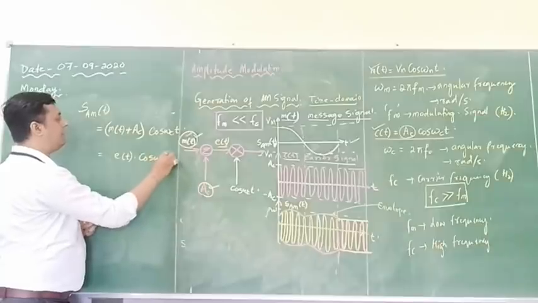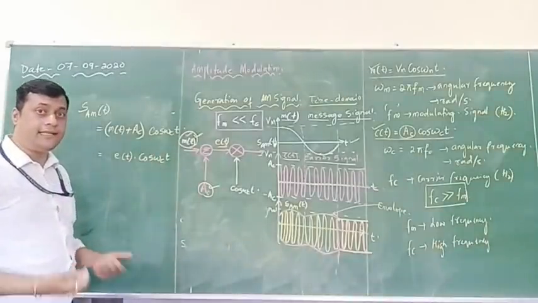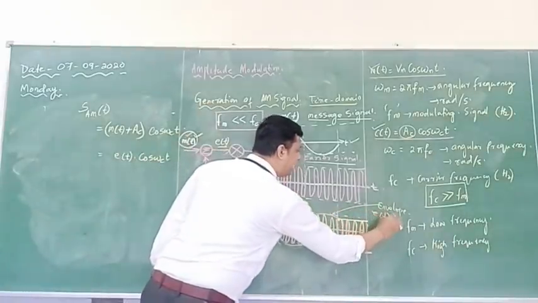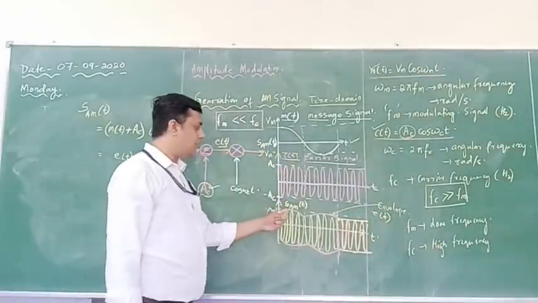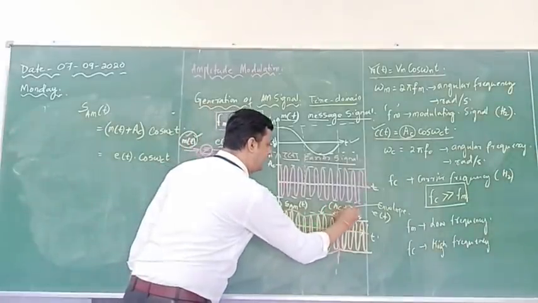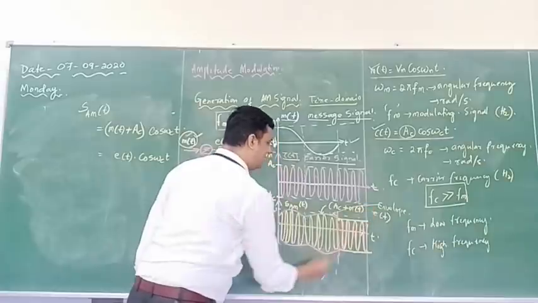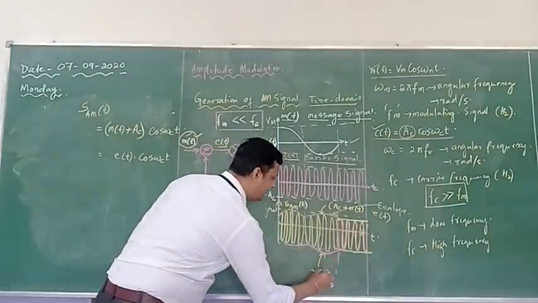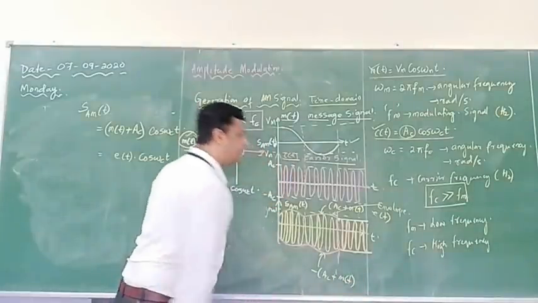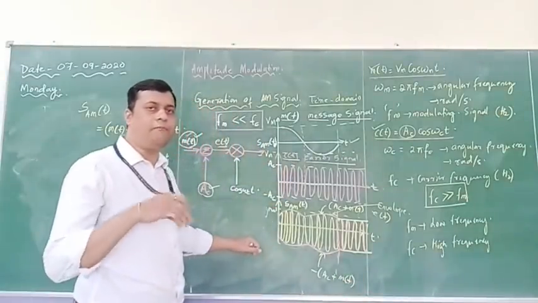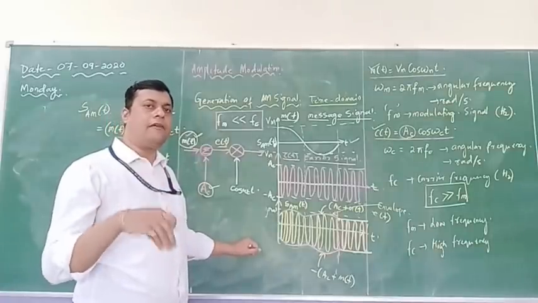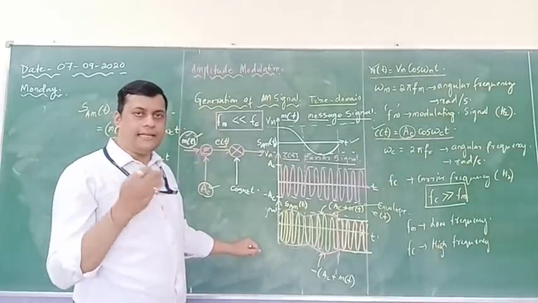Now where does this E of t come from? E of t is called the envelope. The upper one is AC plus m of t, and the lower one is minus of AC plus m of t, because this envelope has peak to peak potential, meaning a positive potential as well as a negative potential.